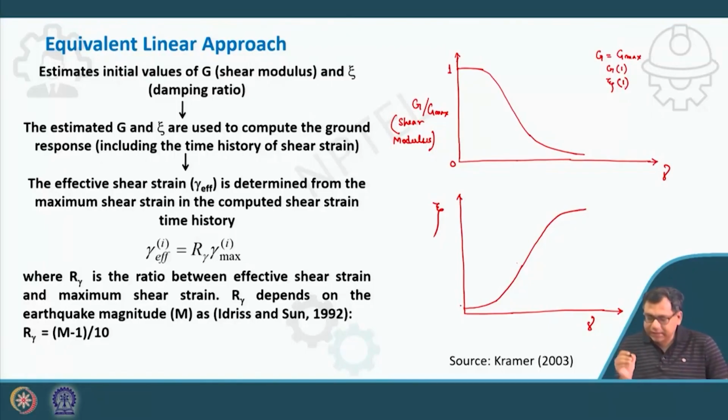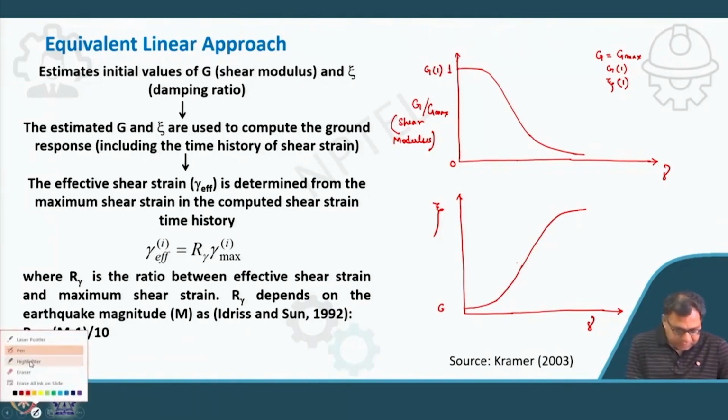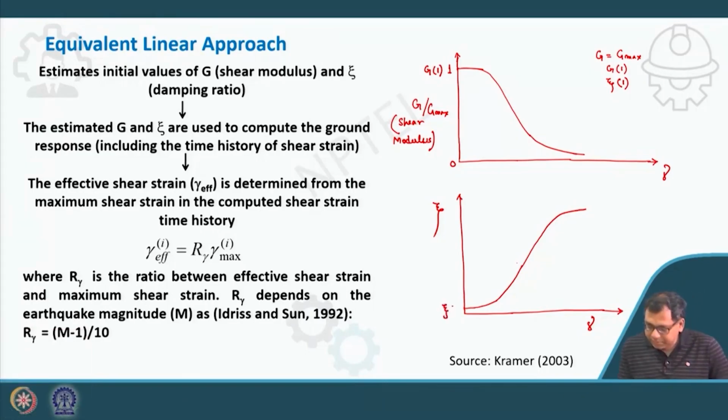So this will be our G1 for the first trial, and this will be our damping ratio for the first trial.